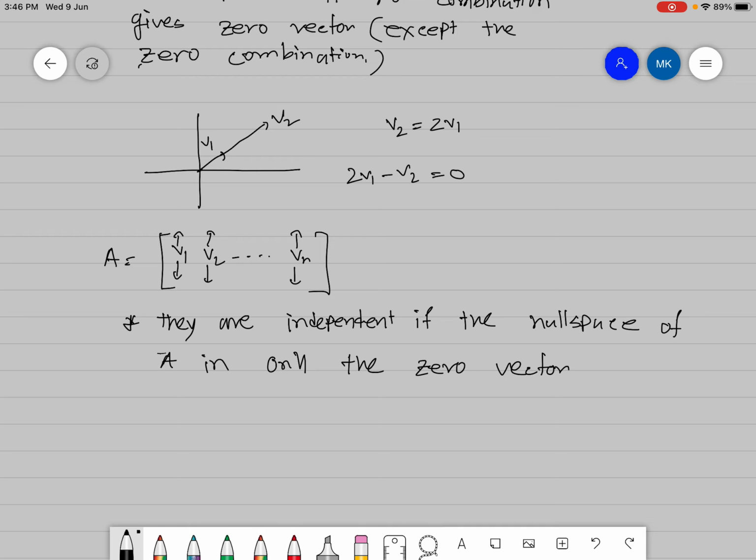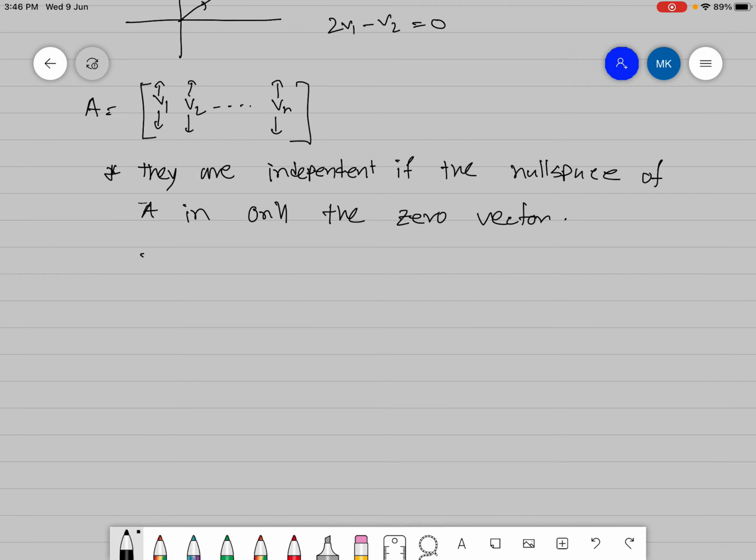For example, let's say you have this matrix 1 2 3, 4 5 6, then let's say 5 7 9. Okay. So let's take some other column, let's say 0 0 1.